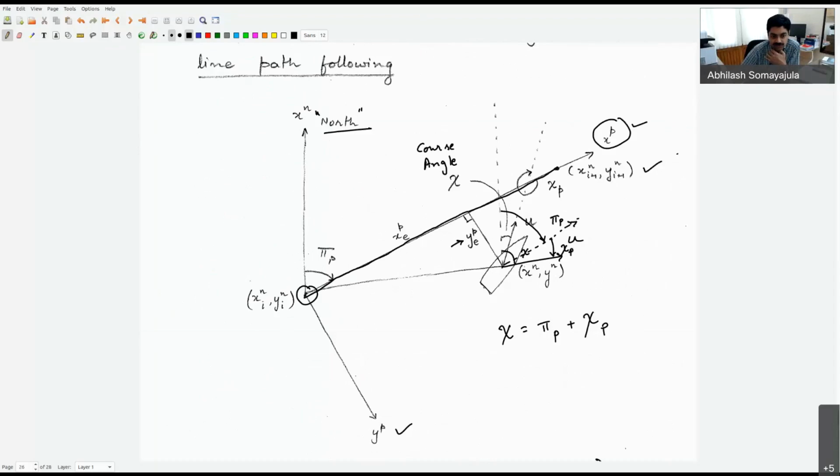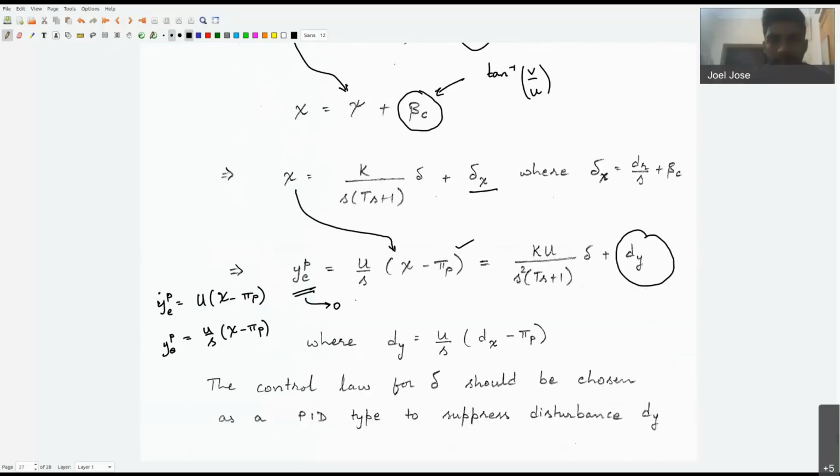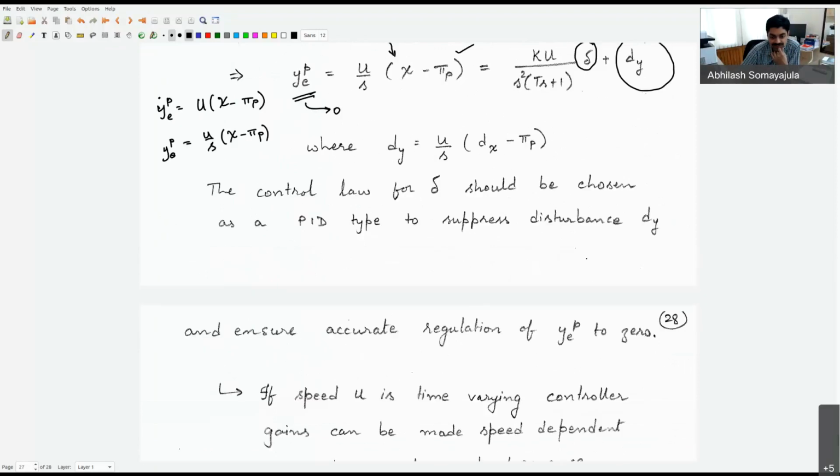Now that we have an expression where ype is related to our rudder angle delta, we can put a control law on the rudder angle in order to suppress that and make sure that ype goes to 0.